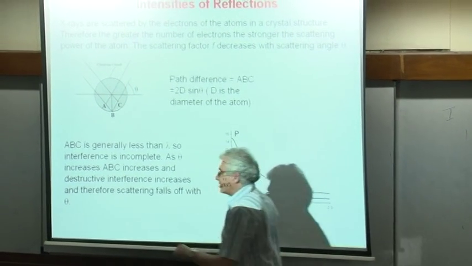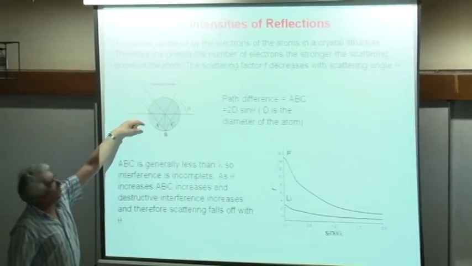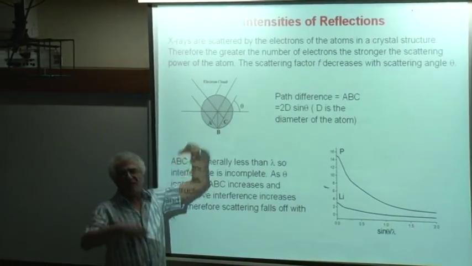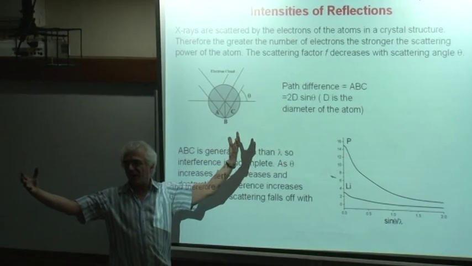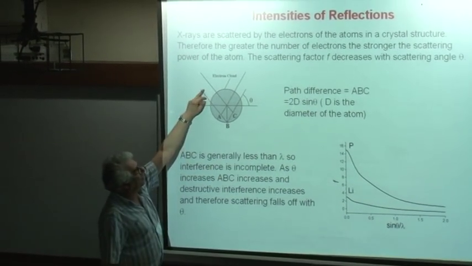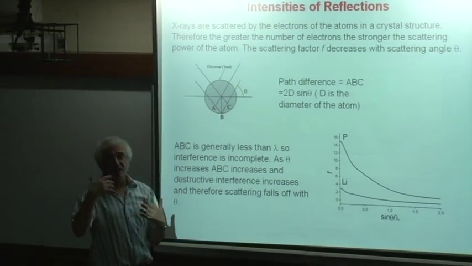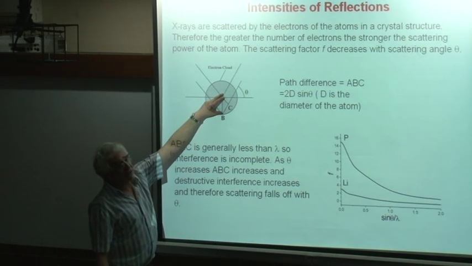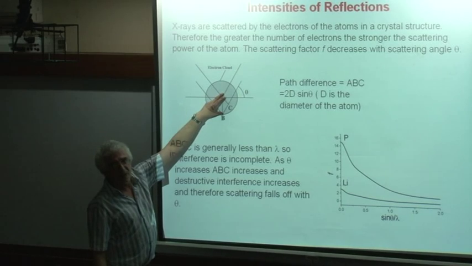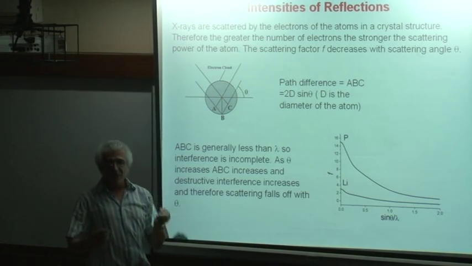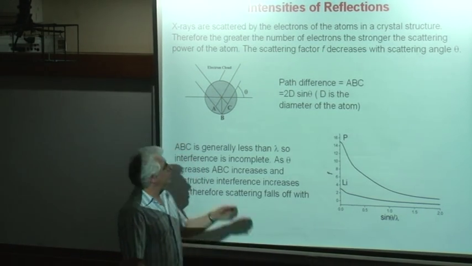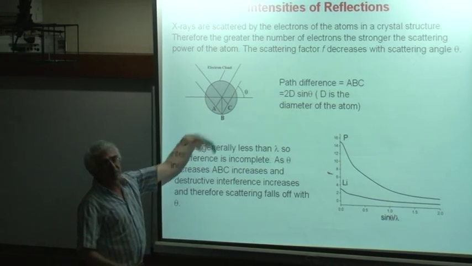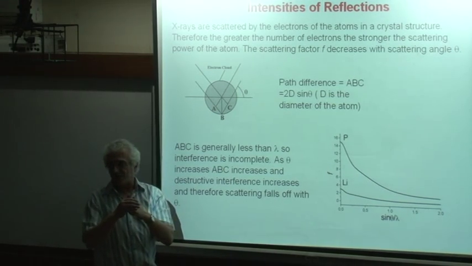What that means is, consider what happens if you have an X-ray hitting one part of your electron cloud, and then you have another parallel beam hitting another part of your electron cloud. So we're hitting in 2 different places. What's going to happen? The same thing as we saw in Bragg's law. You're going to start to see some destructive interference.